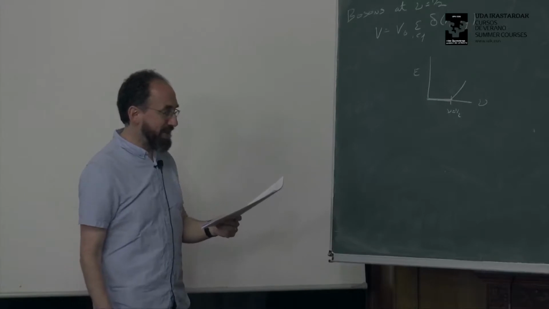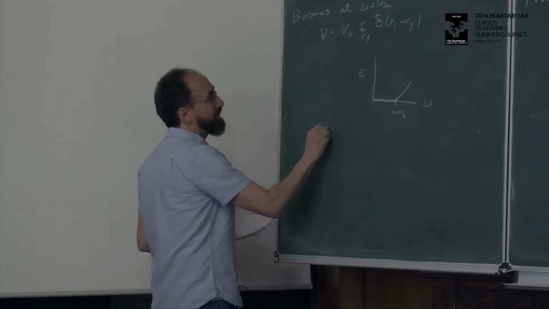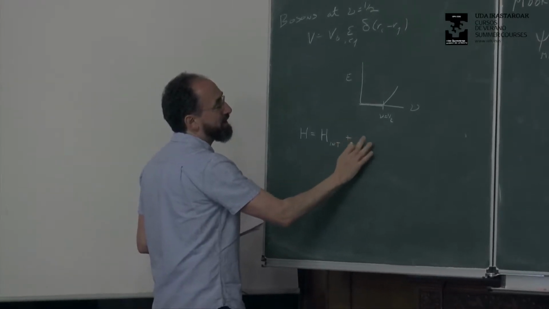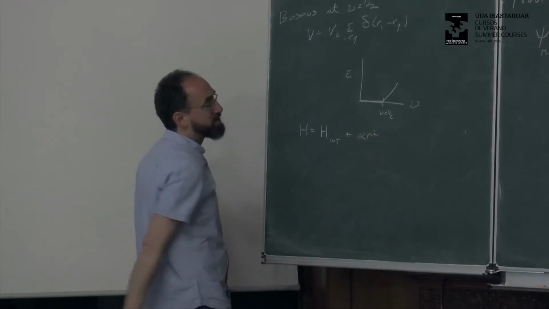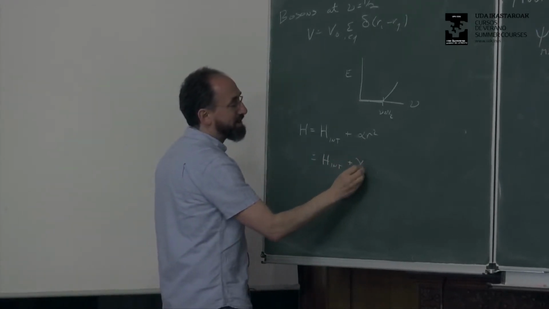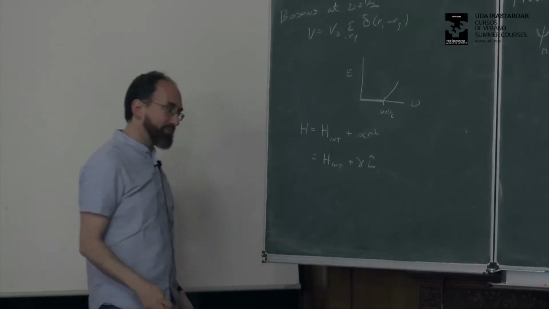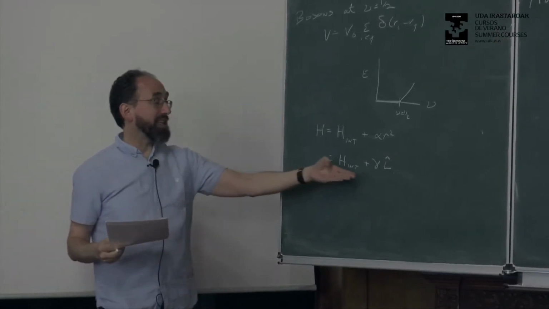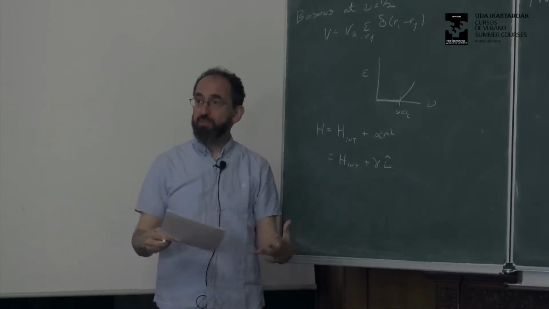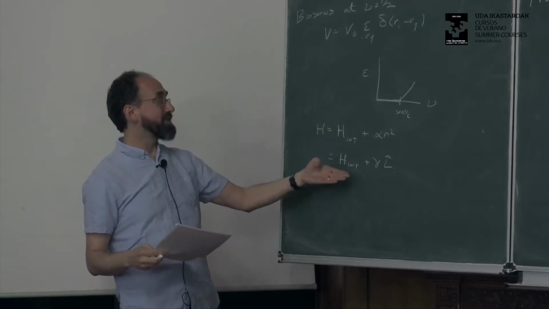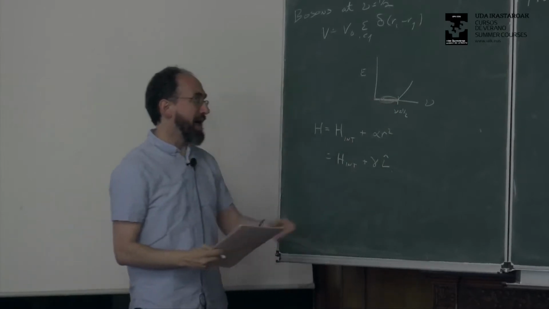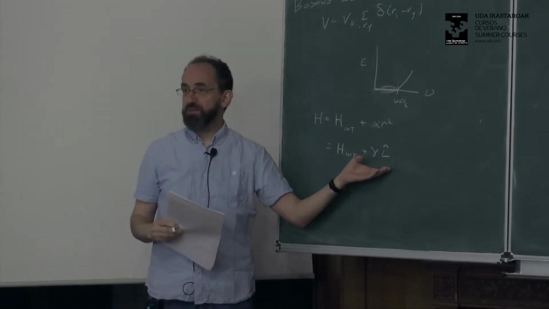Our second step was to add a parabolic confinement. So we have H equals H, just the interaction part, plus some sort of parabolic confinement, alpha r squared. And we say, oh, that's really the same as plus gamma times the angular momentum operator. So looking at trying to figure out what the energies are of the low energy states in this parabolic confinement, we look for things which are basically down here where the interaction energy is 0 and the energy is just given by its angular momentum.